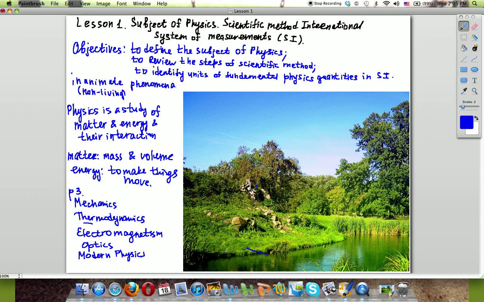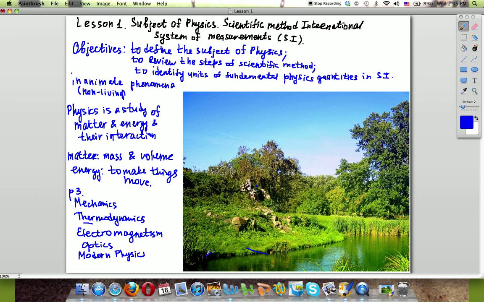And modern physics, it's hard to see it in this picture, is related to nuclear physics and to particles that are moving with speeds that are about the speed of light. So the speed of light is the maximum speed that is possible so far. Okay, so what is the subject of physics?